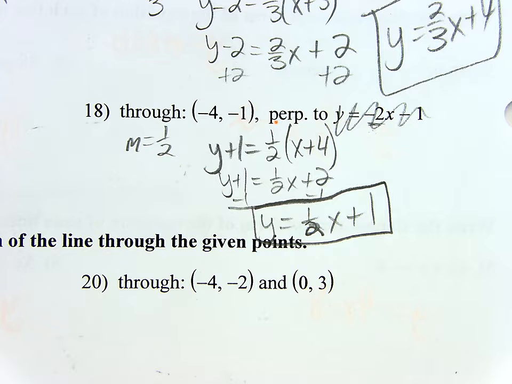What do you think? Did you get what I got? Using whichever method you're using. If you don't use point slope and you always go to slope intercept, that's fine. Just make sure that you are getting the same answer as I am.